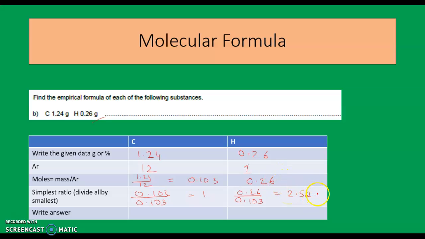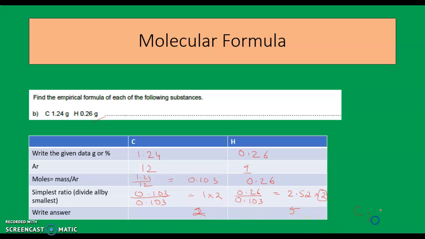So if you get numbers like this, you've got to think, by what number should I multiply this to get a whole number? So you start with 2. If I multiply by 2, would I get a whole number? In this case, yes, you would get approximately 5. So that is your answer. Now if you multiply this side by 2, you've got to multiply this side by 2 as well. So you get 2 here.